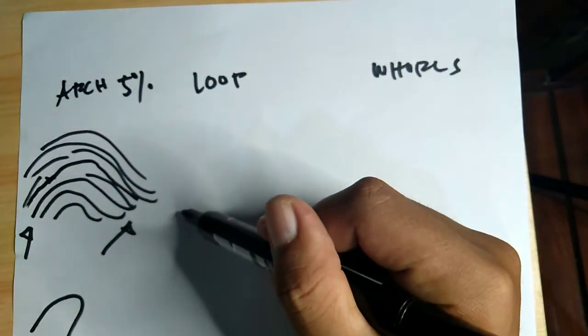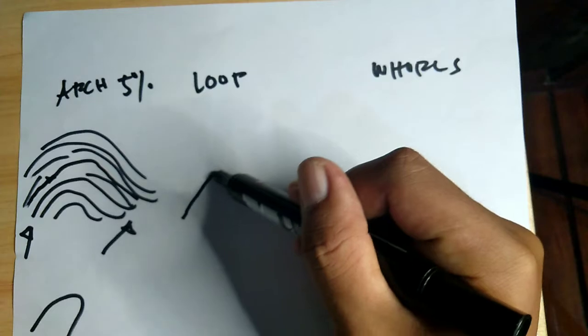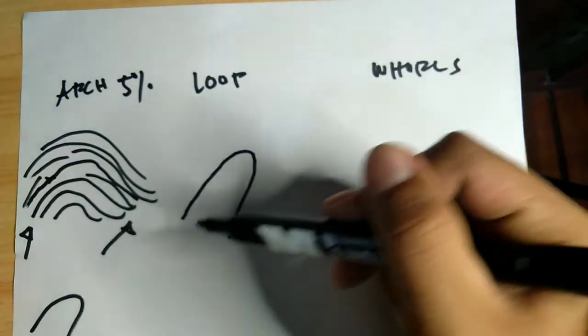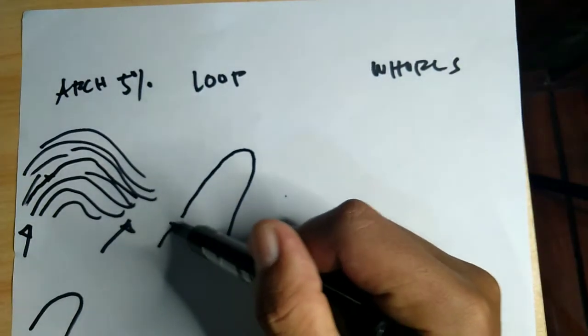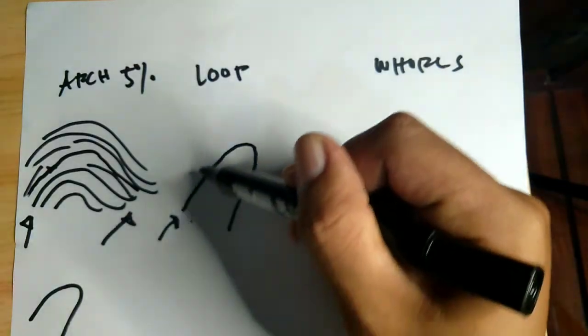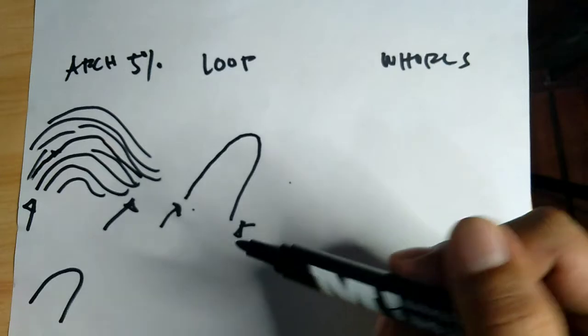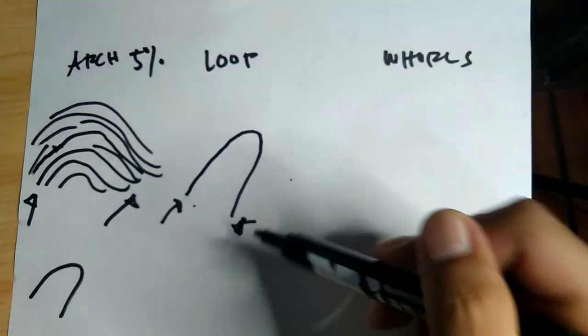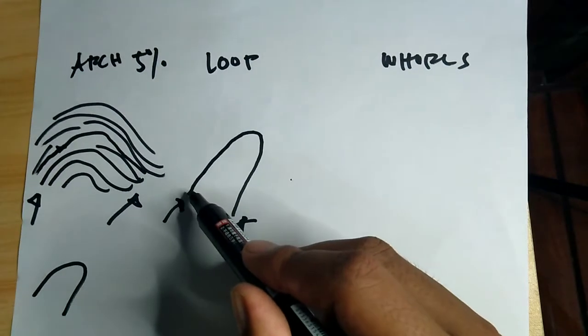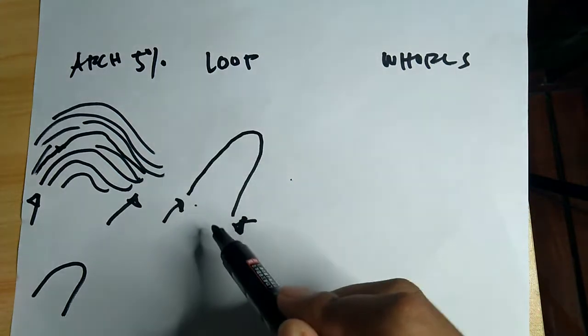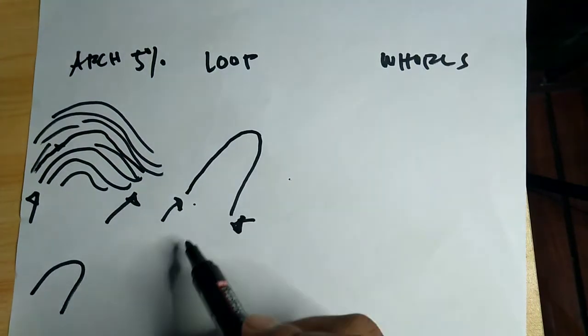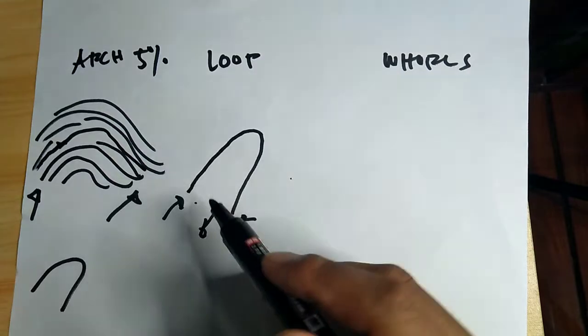It is a ridge characteristic where the ridge pattern enters on one side, recurves, goes back, and exits to where it started. So it entered here, recurved, and went back to about where it entered. So there is a recurving ridge.